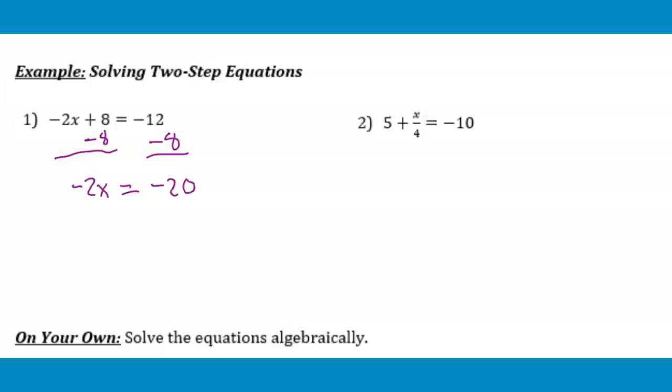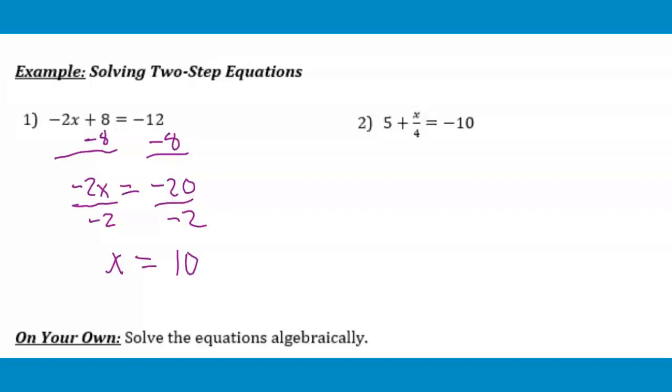We have negative 2 times x, so I have to undo multiplying by negative 2, and the inverse of that would be to divide by negative 2. On the left I'll have x, and on the right negative 20 divided by negative 2 is positive 10. Remember, a negative divided by a negative is positive. That's your answer.